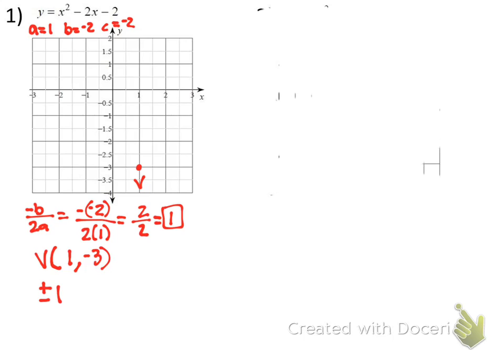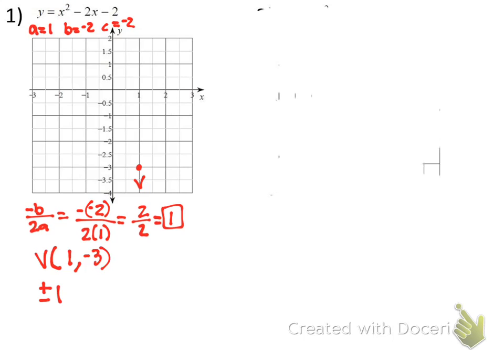If I go right 1, I want to figure out how far up or down to go. The way you do that is you take this 1 and plug it in just to the first term. Our first term is x squared. So instead of x, let's plug in 1. What's 1 squared? 1. That's it.